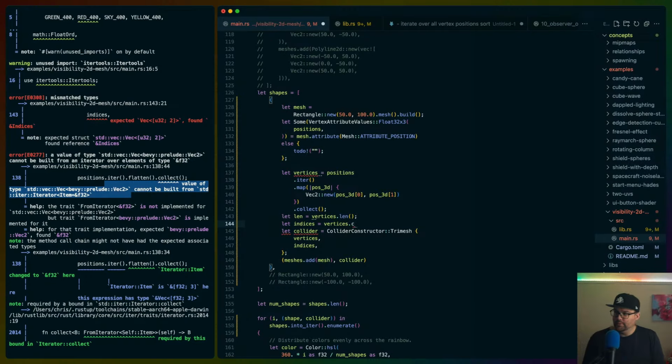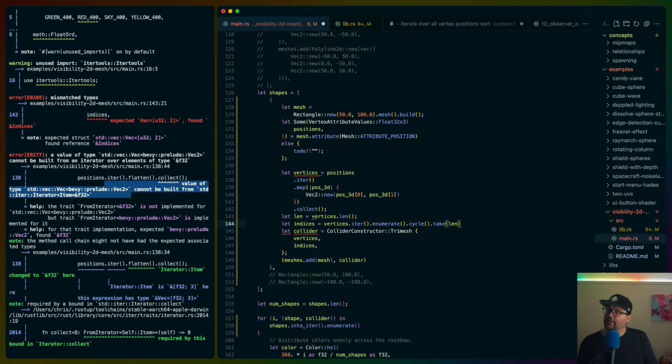We want to enumerate first. So iter, enumerate, cycle, take, or not take, right? Do we want to take yet? I think take is fine.